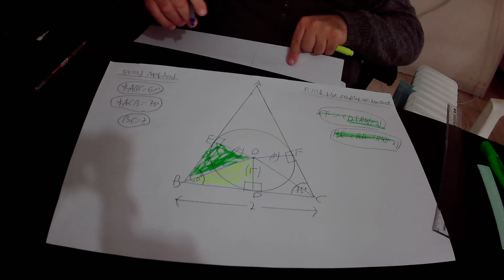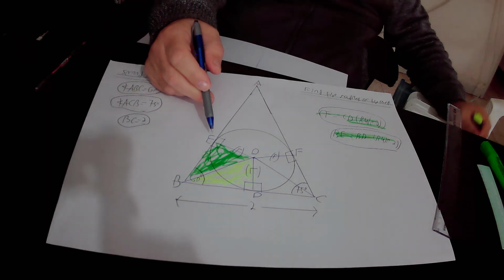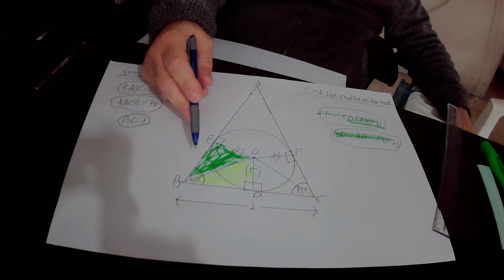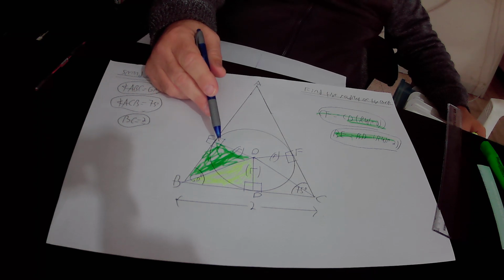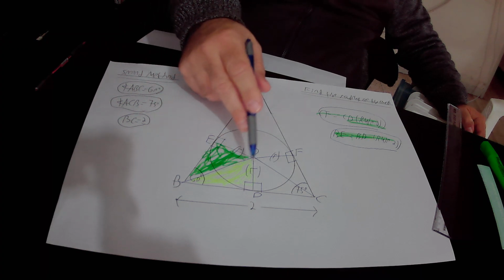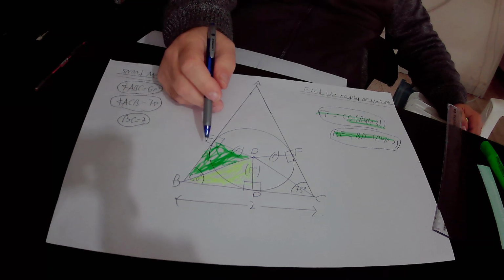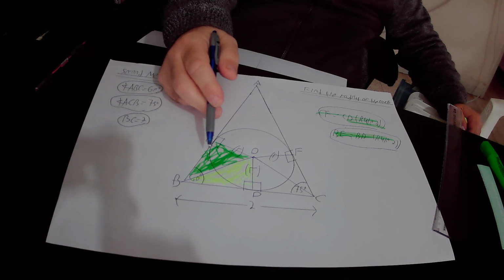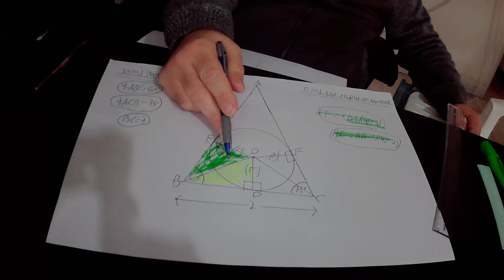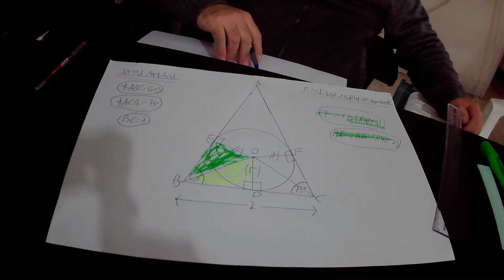So if we proved that all the three sides of the green right triangle BEO are correspondingly equal to all the three sides of the yellow triangle BOD, therefore we proved that the green triangle BEO is congruent to the yellow triangle BOD according to the side rule.